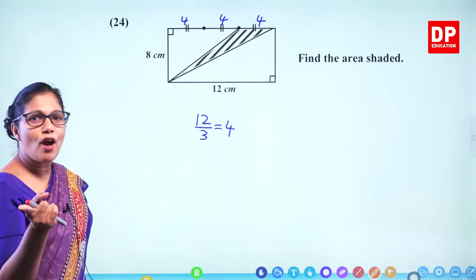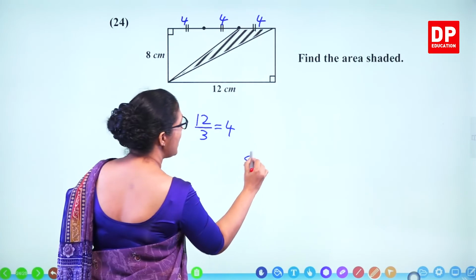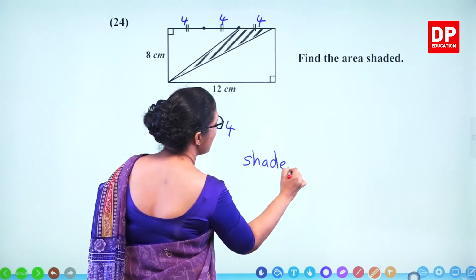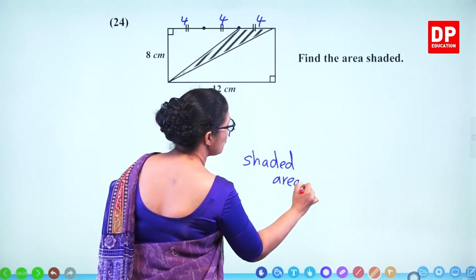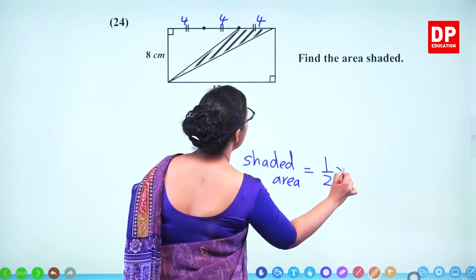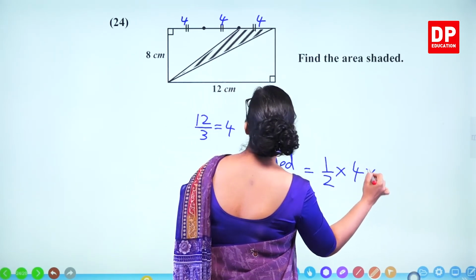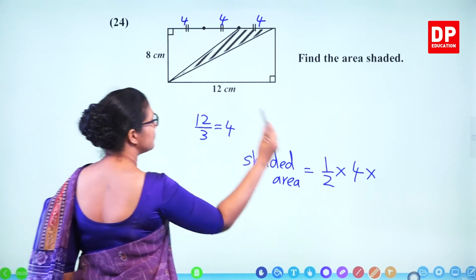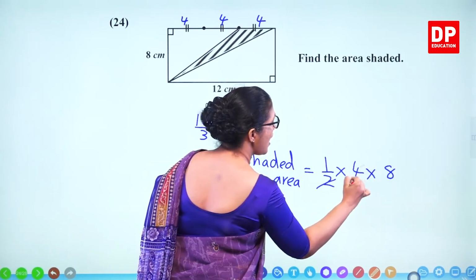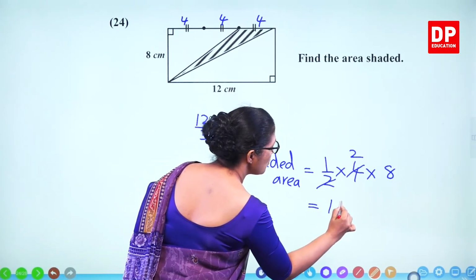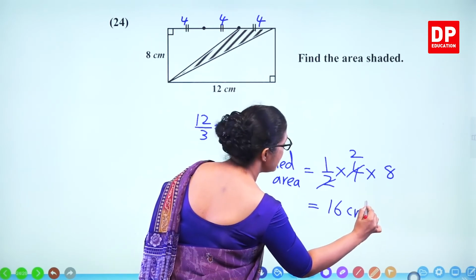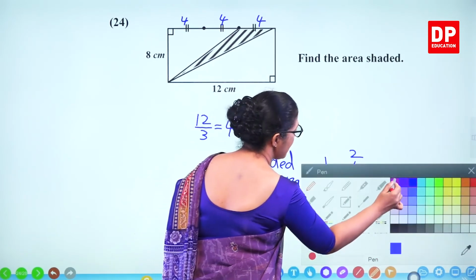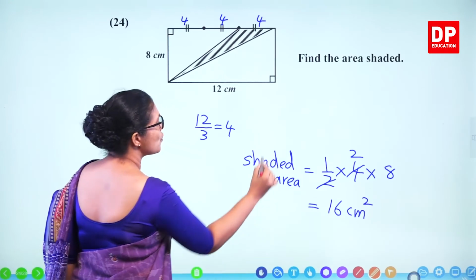What's the area of the triangle? Straight away you can find it using half times base times height. Base is 4, perpendicular height is 8. 2 times 2, 8 times 2, 16. This is centimeter square. That's an easy one. So 2 marks for that.